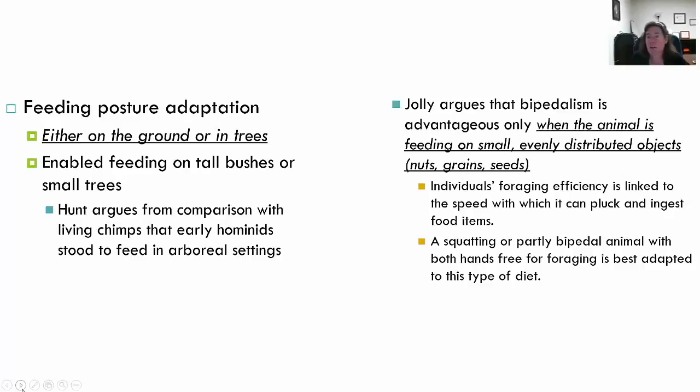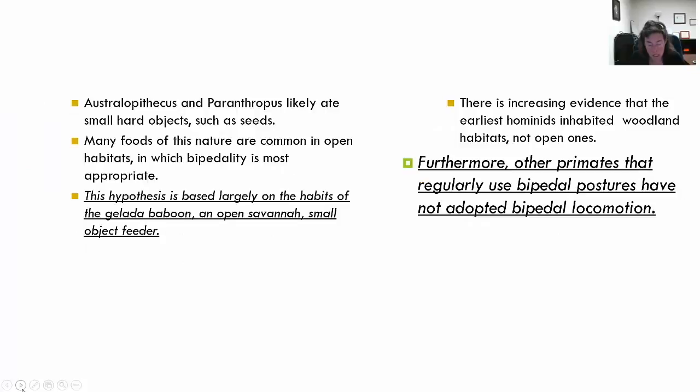Jolly, however, argues that bipedalism is only going to be advantageous when the animal is feeding on small, evenly distributed objects, and that an individual's foraging efficiency is going to be linked to the speed with which it can pluck and ingest items. A squatting or partially bipedal animal with both hands free for foraging is better adapted to that type of environment. It's highly likely that Australopithecus and Paranthropus ate small hard objects such as seeds.